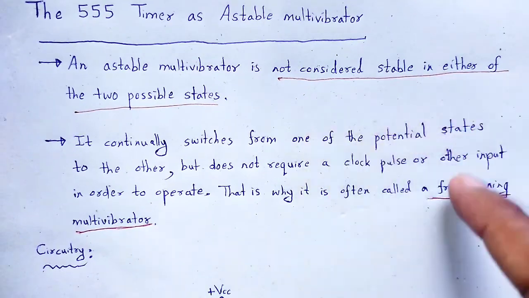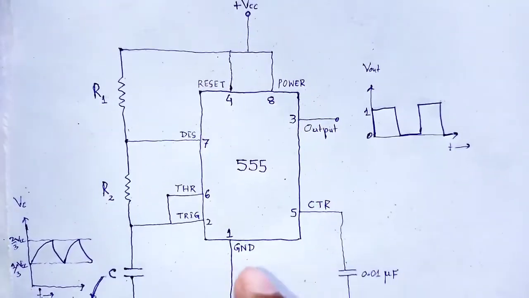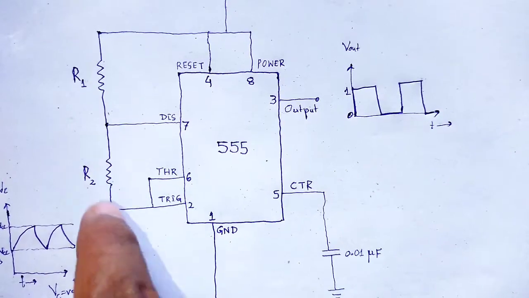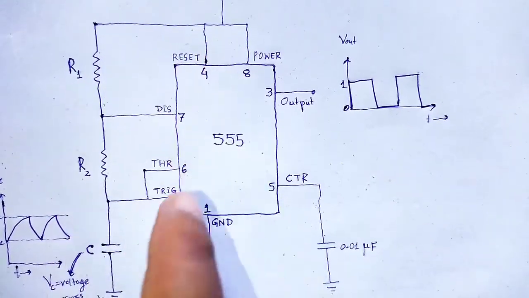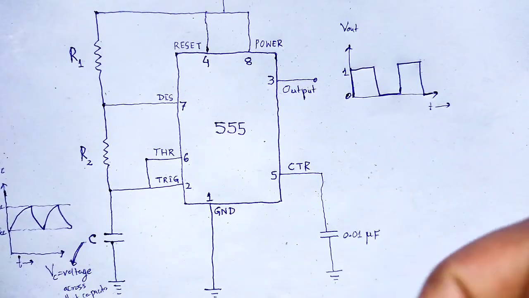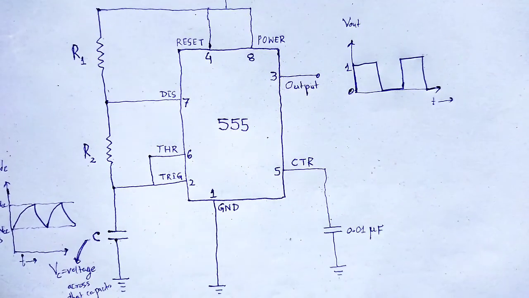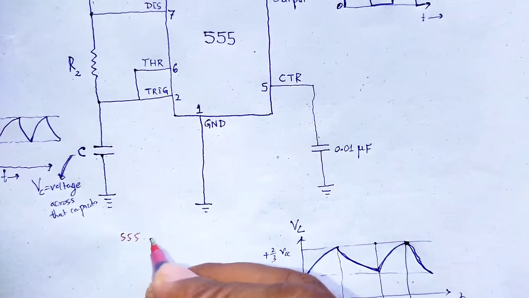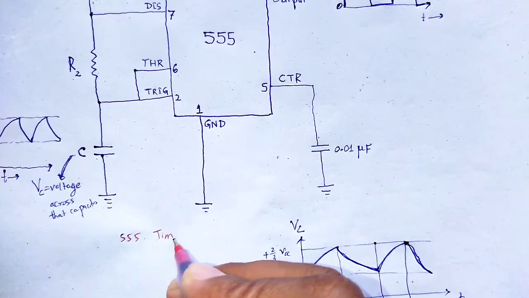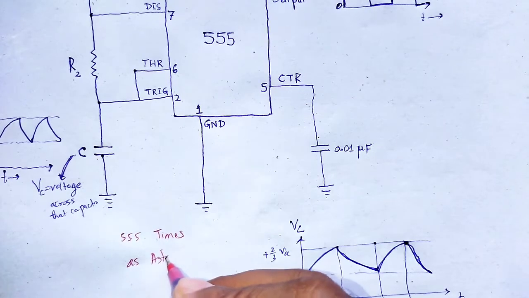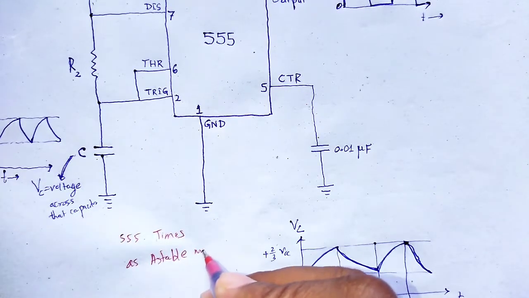What is an astable multivibrator? It is a circuit. The additional circuit, 2 resistors and 1 capacitor, is introduced to the 555 timer IC to function as astable multivibrator. That is the circuit for the 555 timer as astable multivibrator.